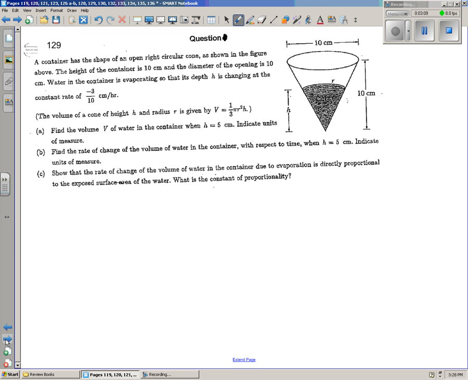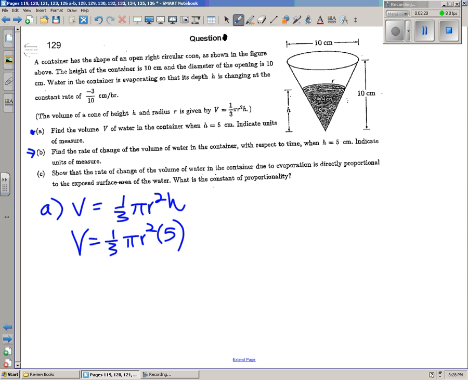This is not a calculus question. This was a warm-up question to help out with part B. So finding the volume V of the water, well, the volume equals 1/3 pi r squared h. And so far, what we know is that height is 5. Now we have the radius and the volume as variables.